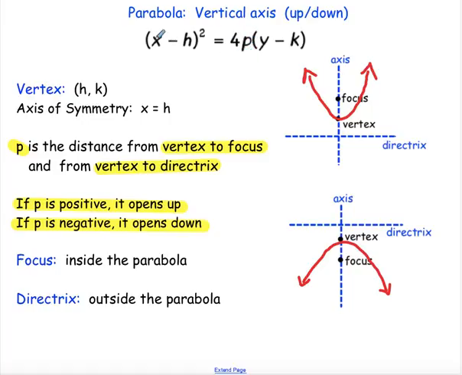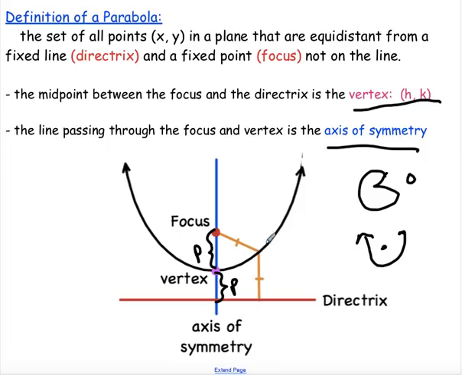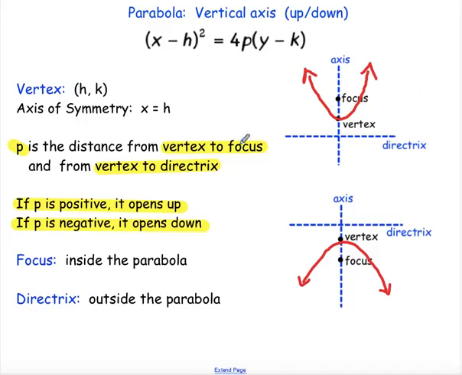Remember, p is the distance from focus to vertex and vertex to directrix. And I have that written right here. p is the distance from vertex to focus and from vertex to directrix. So knowing that piece of information is important because you plug it in here and multiply it by 4.